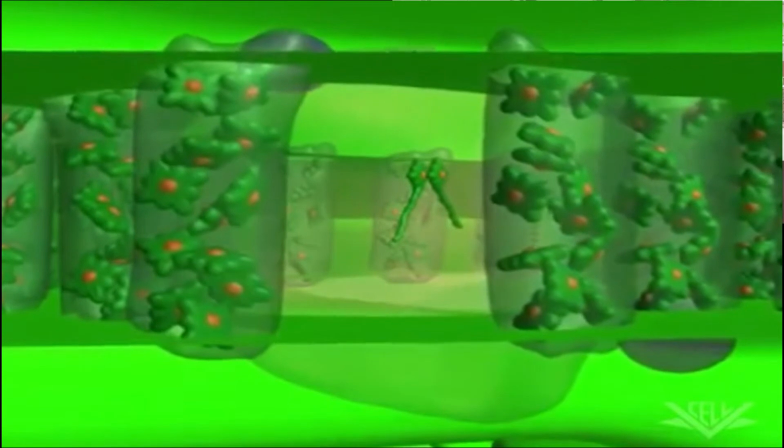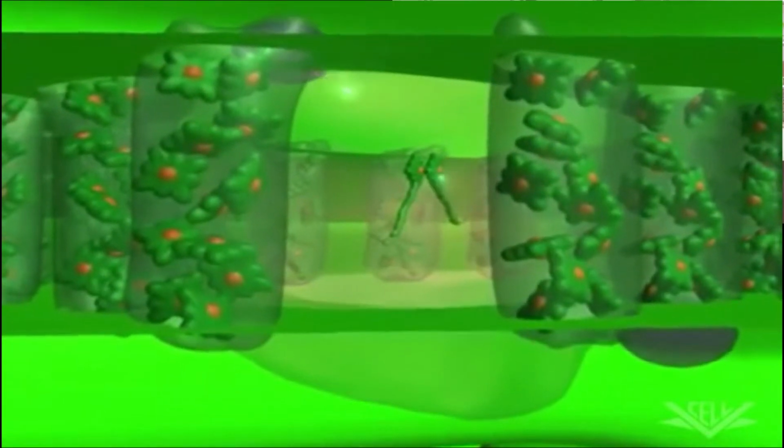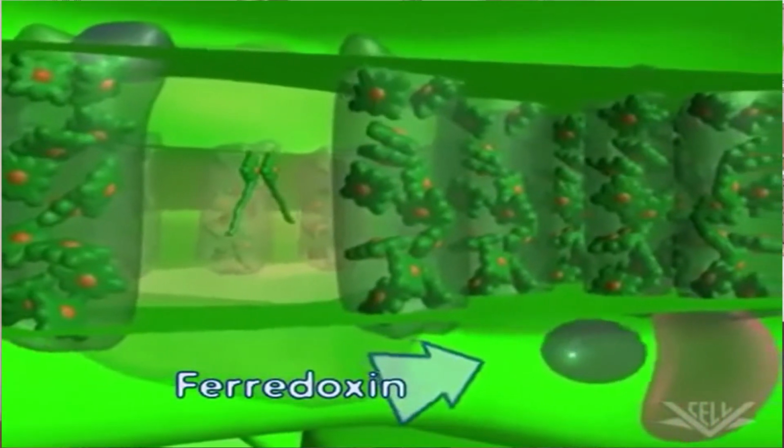The electron released from photosystem 1 is captured by another mobile protein complex known as ferredoxin. The peculiarity of ferredoxin is that plastoquinone and plastocyanin are on the inner side of the membrane, but the ferredoxin is on the outer side. We have seen that when the plastoquinone moves from photosystem 2 to the cytochrome complex, it carries one hydrogen ion from outside to the inner lumen, and the electron is carried by the plastocyanin to photosystem 1.